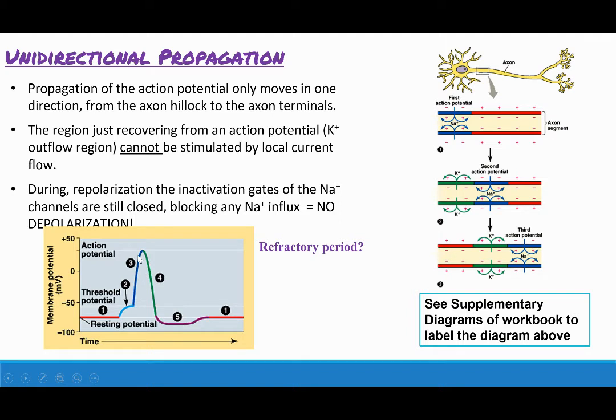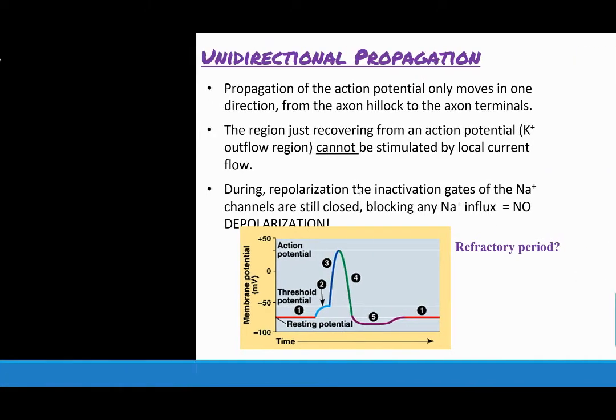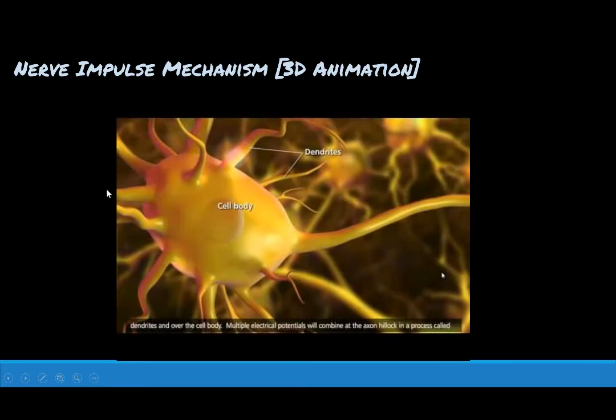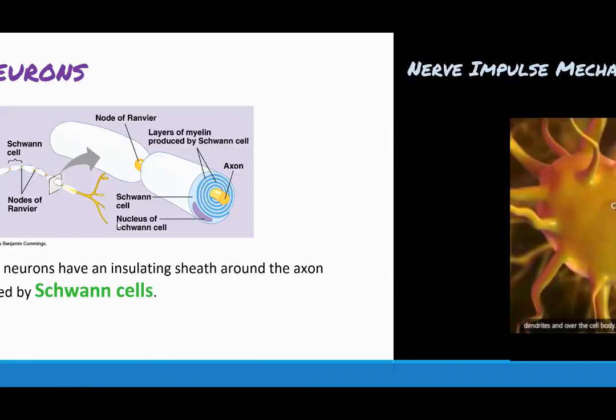One way to measure that is to go from maximum depolarization to the time that this neuron gets back to resting membrane potential, which is somewhere around here. This time period down here, that's the refractory period. You could measure it on a graph if you needed to. That's just an animation you can watch.